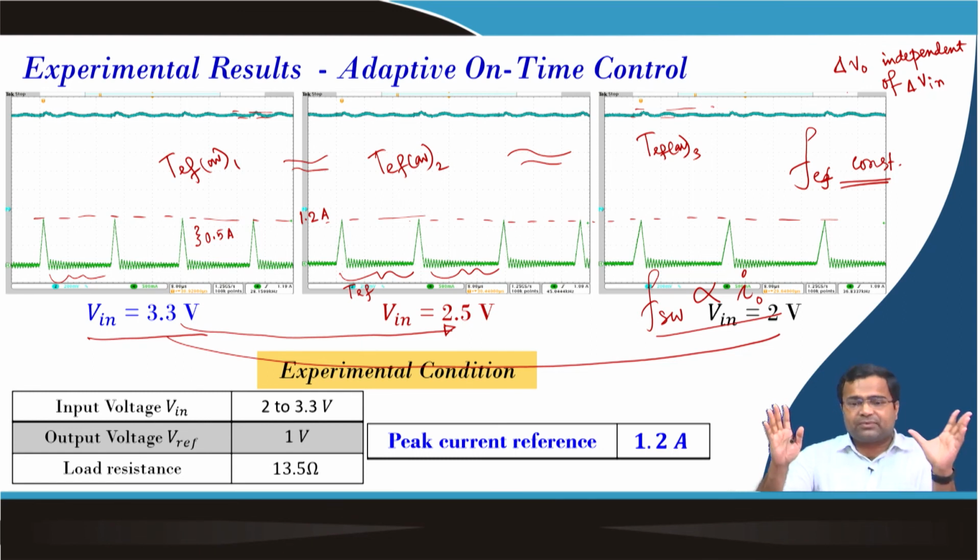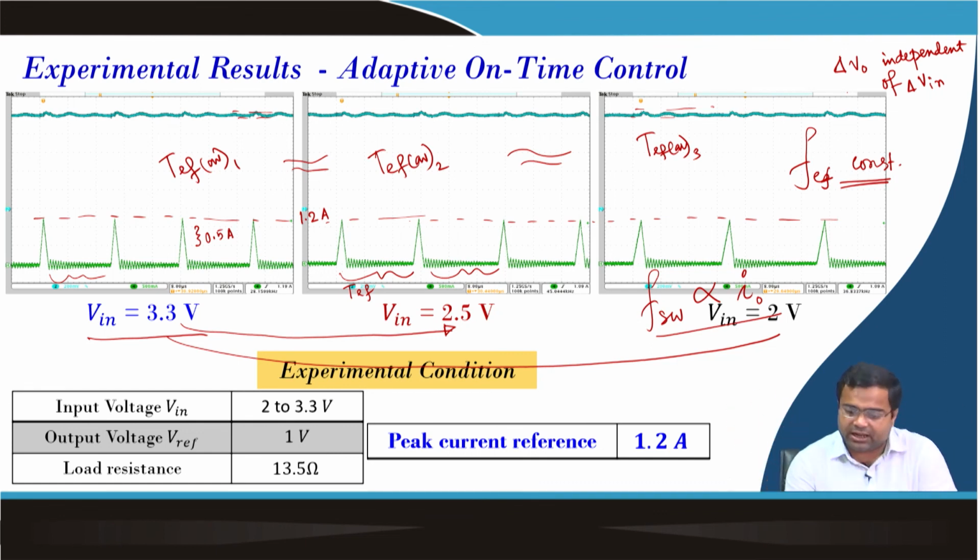Generally, if you remember the formulation in constant on time, if you keep the input and output voltage constant, then the frequency varies with load current, but if the load current is fixed, the frequency will be fixed. But there we saw that if the input voltage increases, then naturally, because the on time is fixed, the ripple will increase, the time period will increase and the frequency will decrease.